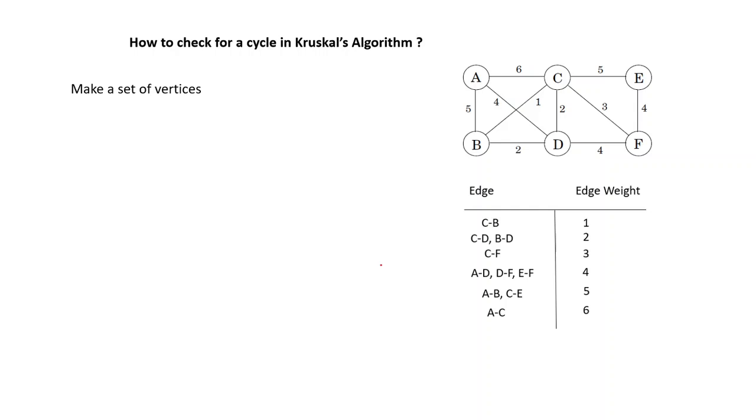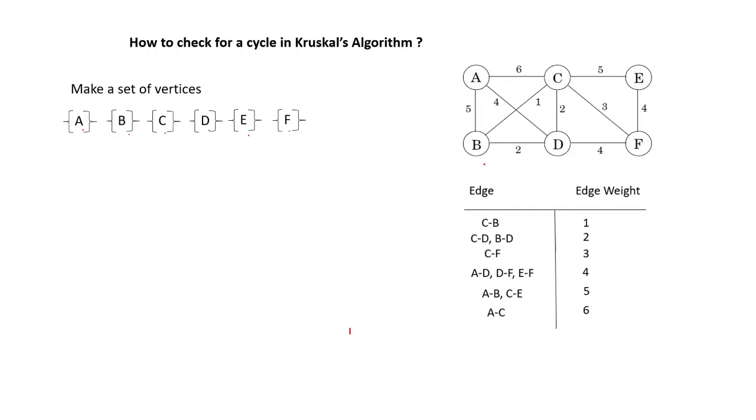So your first move will be to make a set of vertices. So this will be a disjoint set of vertices, that is A, B, C, D, E and F. So there are 6 sets for each of your vertices.